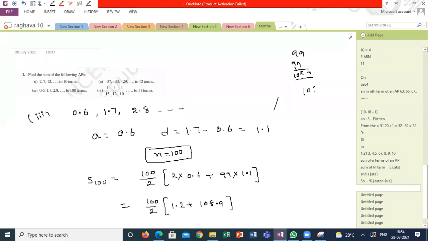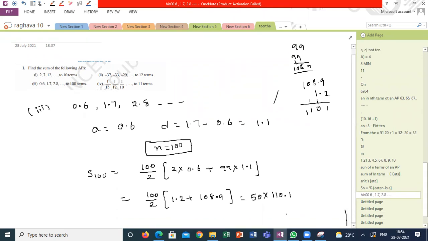So 108.9 plus 1.2 is 110.1. This is 50 into 110.1. What is the answer? 5505. Yes, correct. 5 into 1101. This is 5505. This is the answer.